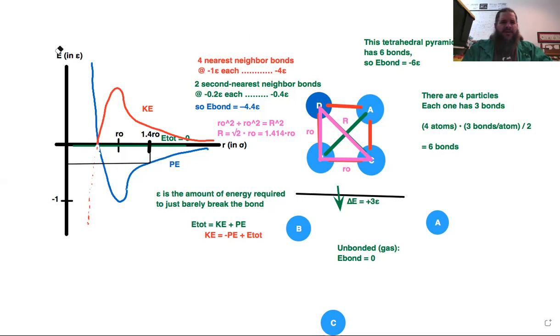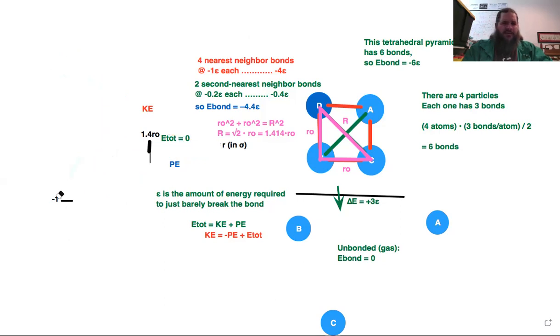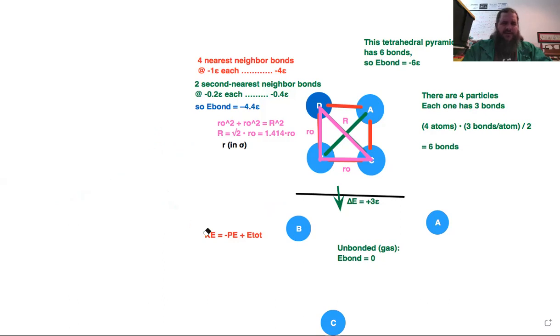Then let's try a quick example where we are talking about a much larger cluster, just to see what that's going to look like. If you're dealing with a much larger cluster of particles, let's say hundreds and hundreds, or really more realistically, you'd have something more like around Avogadro's number of particles. But for simplicity, let's assume you're dealing with just maybe 1,000 atoms in a rectangular grid like this.